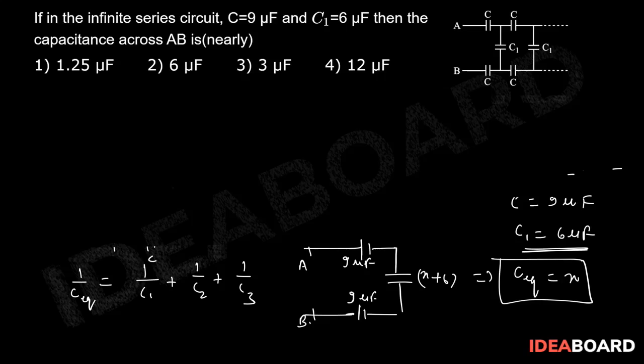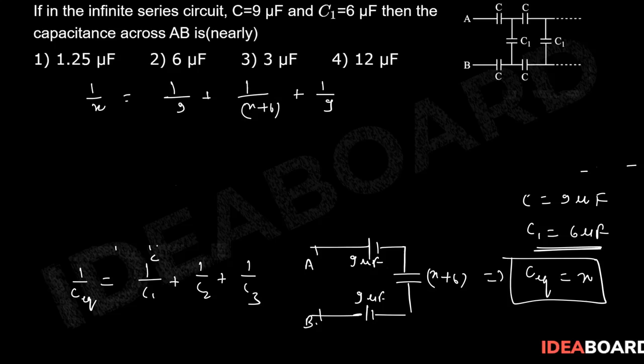Here 1 upon C equivalent will be 1 upon X, 1 upon C1 will be equal to 1 upon 9 plus 1 upon X plus 6 and another 1 upon 9. So we can keep the X terms aside: 1 upon X minus 1 upon X plus 6, and this will obviously be 2 by 9.